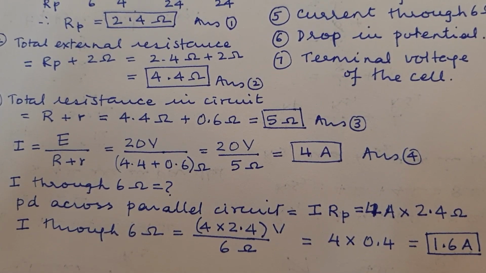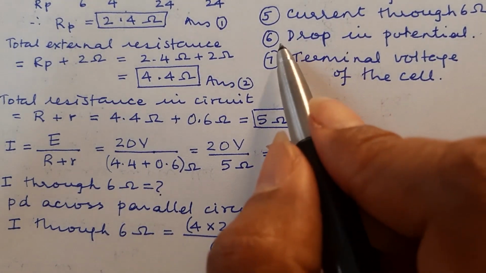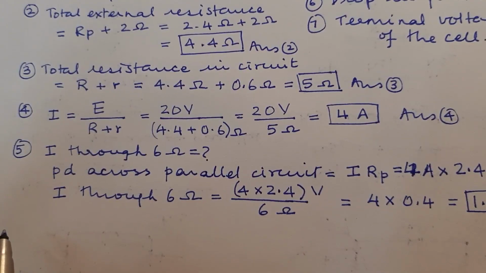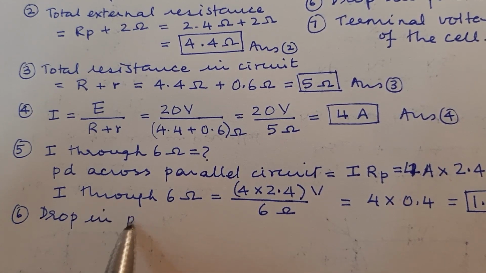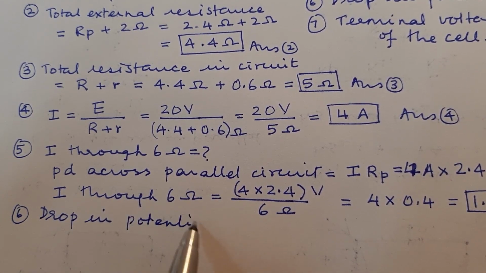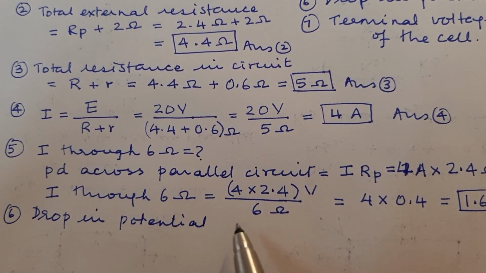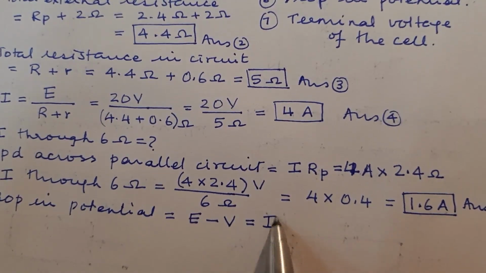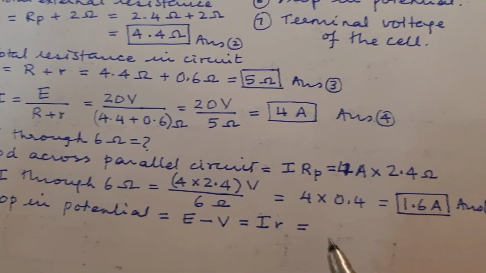Let us look at our sixth one. Sixth one says drop in potential. So let us write it. Drop in potential. Now drop in potential was E minus V when we saw the formula, and that is equal to Ir, that is the current in the circuit.